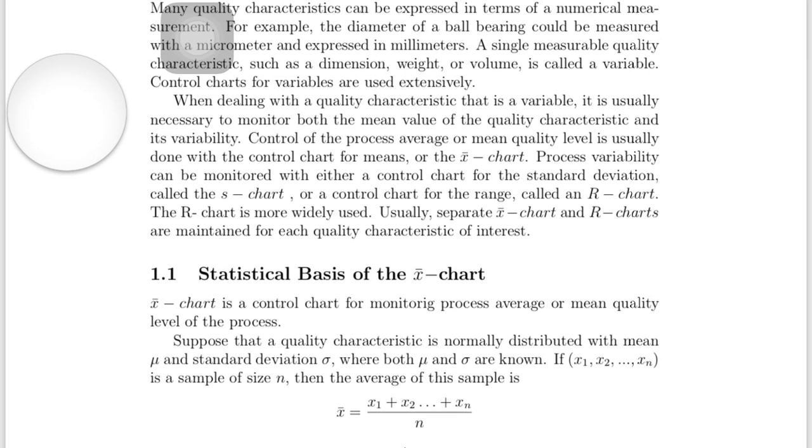That is, in short, in order to monitor or control the process mean, we use X bar chart, and in order to monitor or control the variability of the process, we use either S chart or R chart. Usually R chart is preferred over S chart because of different reasons which we shall discuss later.